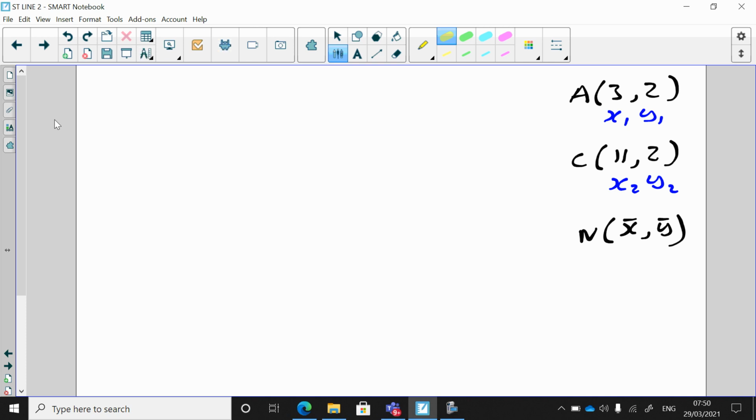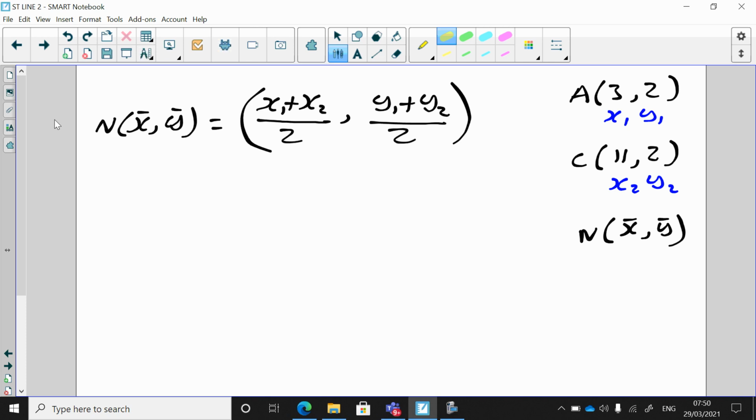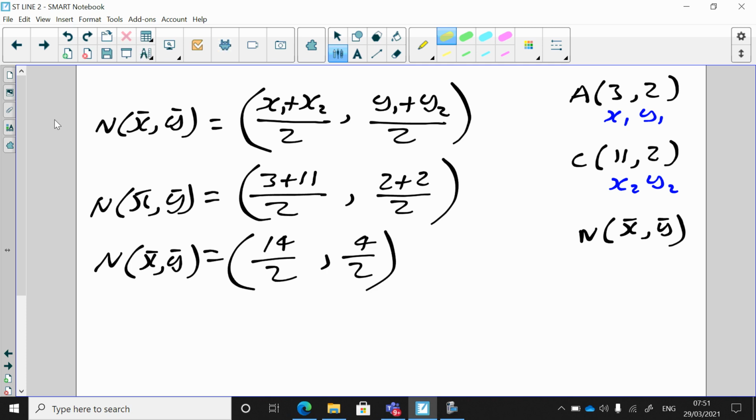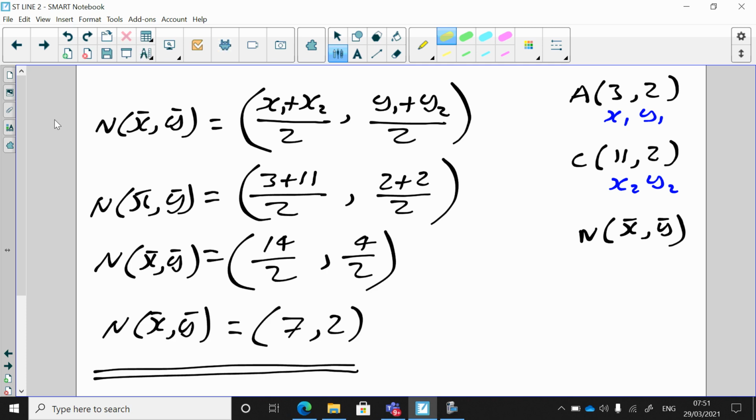I'm using x bar, y bar, because that's the average of x and the average of y, the arithmetic average. So let's go and get the midpoint formula. You have seen that before, the averages of x, the averages of y, and because there's 2, that's why we're dividing by 2 here. Let's get the numbers in and just tidy it up there. So that tells you that N, the coordinates of N, is actually 7, 2.